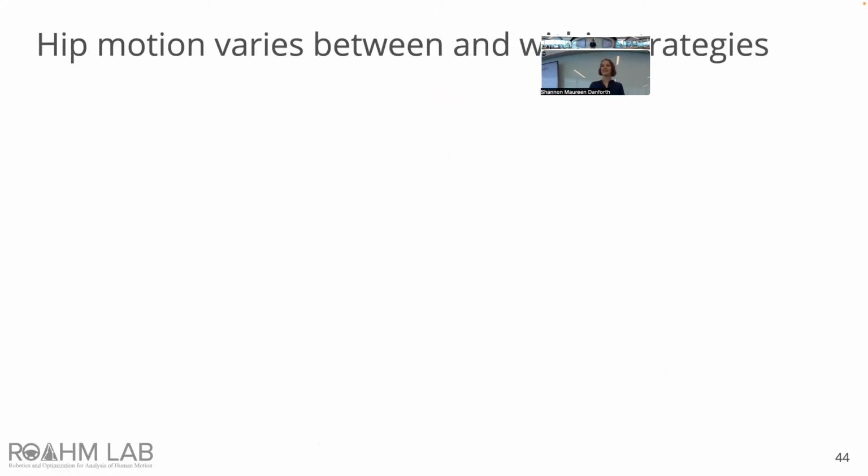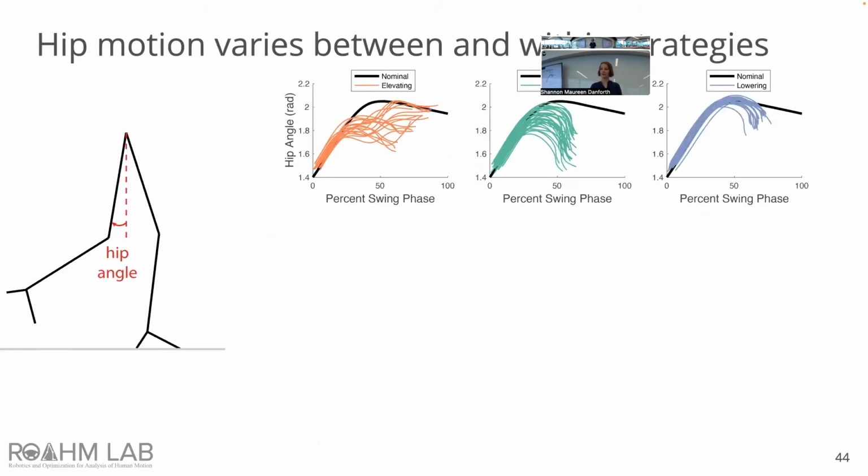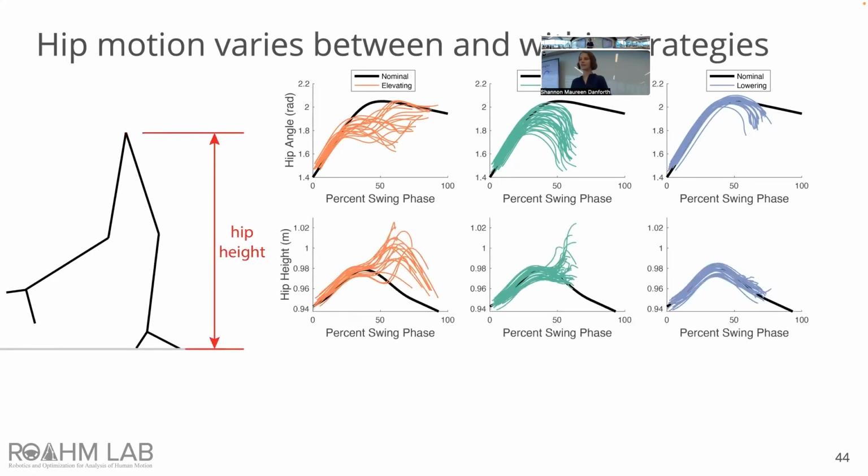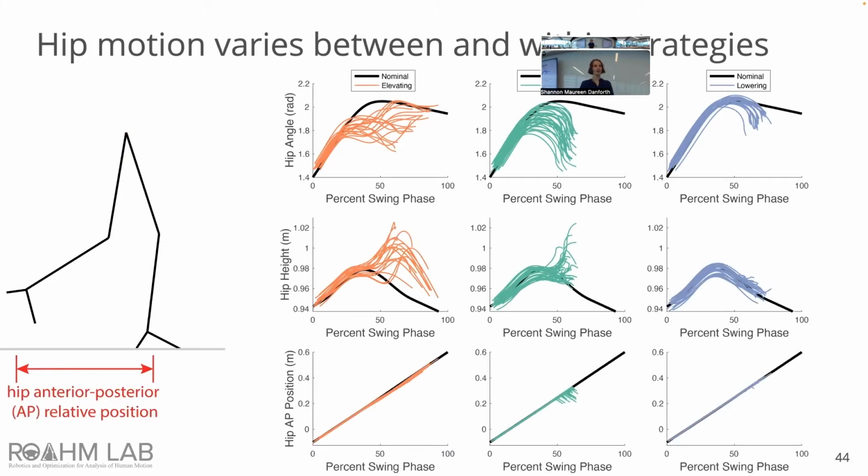And since we're interested in the associated swing hip motion, we also see kinematic variation there. In particular, we're looking at the hip angle. Again, this is sorted into 3 strategies, and we have the thick black line indicating nominal behavior, the hip height, and the hip anterior posterior motion, which most closely resembles nominal behavior during trips.